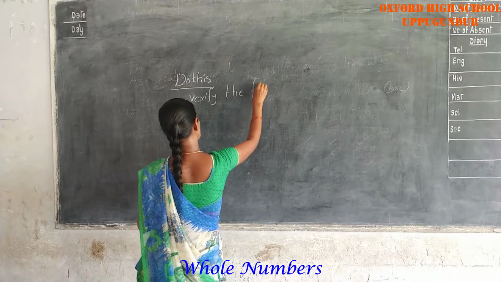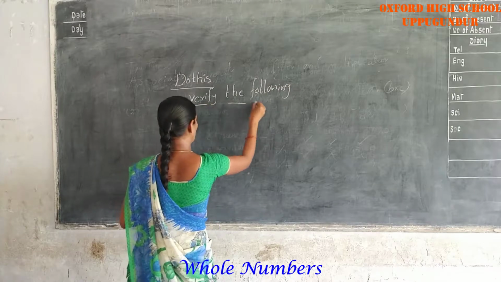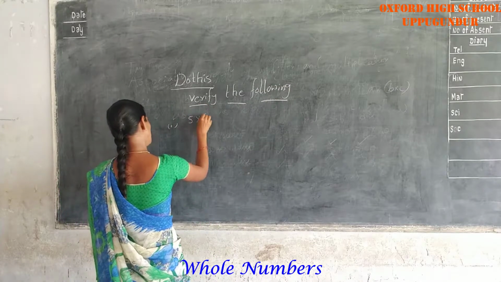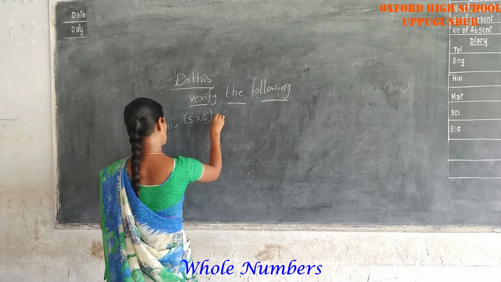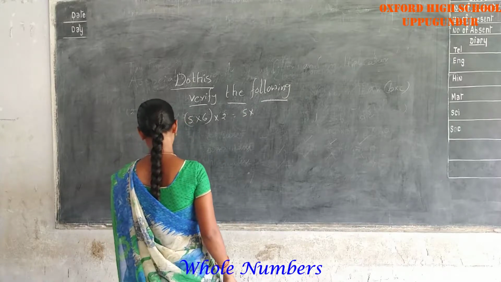Verify the following. First one, 5 into 6 into 2 is equal to 5 into 6 into 2.